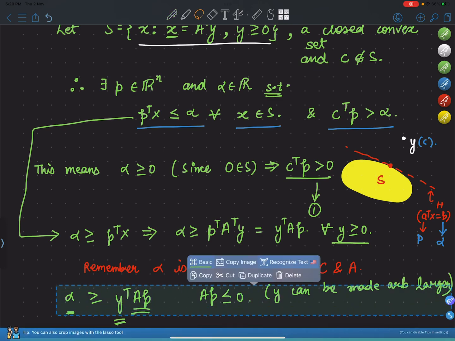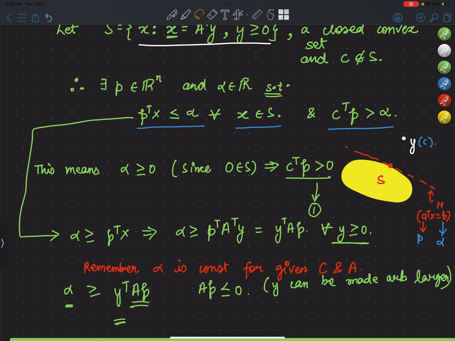Which helps us in saying that there exists a P belonging to Rn such that A P is less than or equal to 0 and C transpose P is greater than 0.